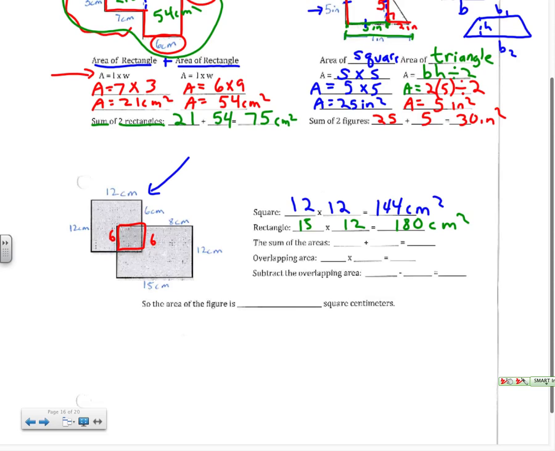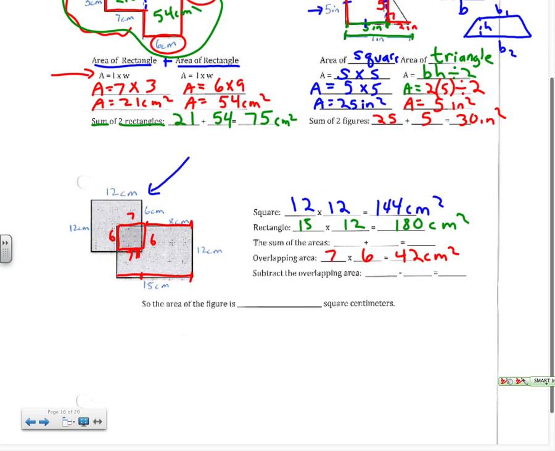Now I have to find the top and the bottom of that shape. If this is 8 here, and this whole thing is 15, I have to figure out what 15 minus 8 is, and 15 minus 8 is 7. So it's not a square, it's actually a rectangle with a length of 7 and a width of 6. So the overlapping area is 7 times 6, which is 42 centimeters squared.